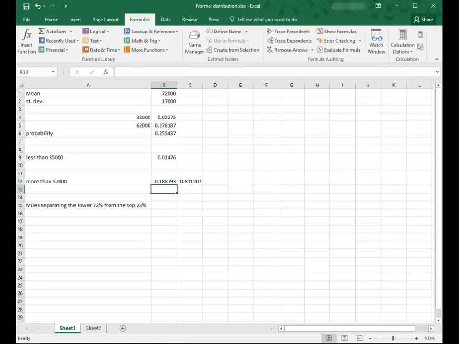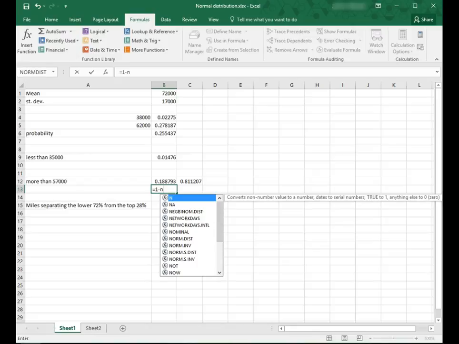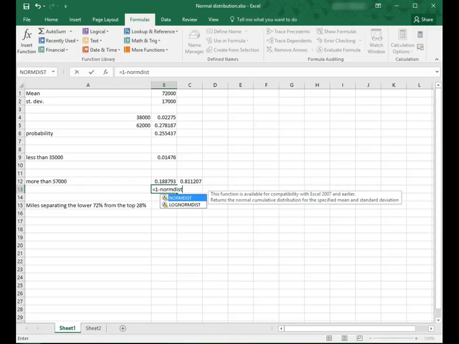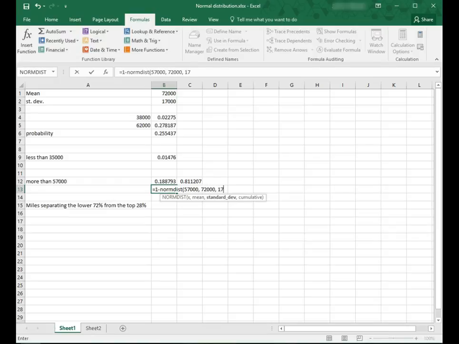We could also do this manually by entering into the cell 1 minus the norm dist function for 57,000 miles with a mean of 72,000, standard deviation of 17,000, and the true statement. And we arrive at the same answer of 0.811.